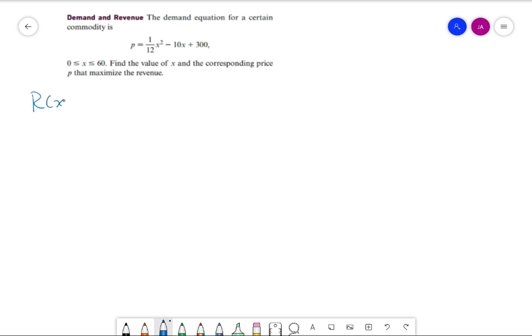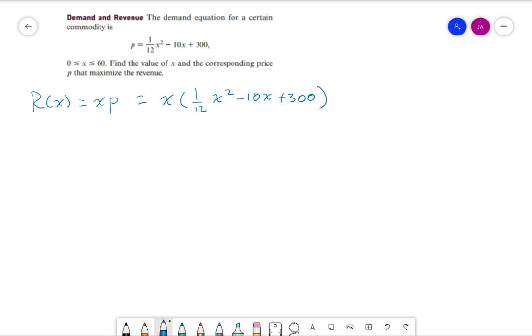Well, if you know the demand equation, then revenue is x times the demand equation p. And therefore, for us, this is going to be x times our demand equation that was given, 1/12 x squared minus 10x plus 300. And so if we're trying to figure out the maximum revenue, of course that means we need to find the derivative.